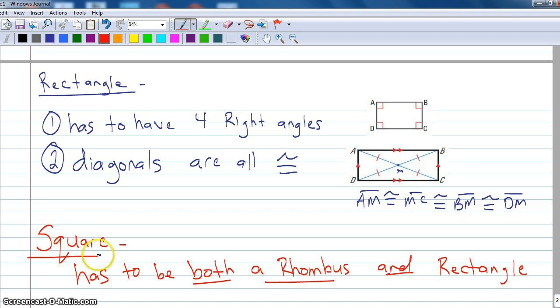So let that sink in. A square is both a rhombus and a rectangle at the same time. What? I know, it's crazy.